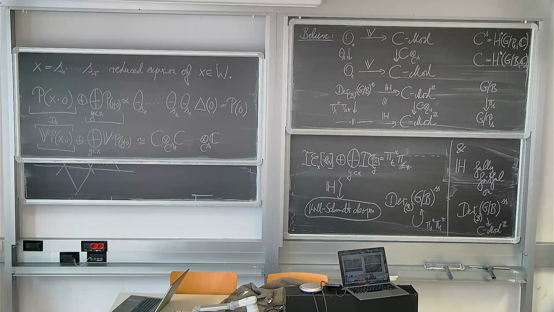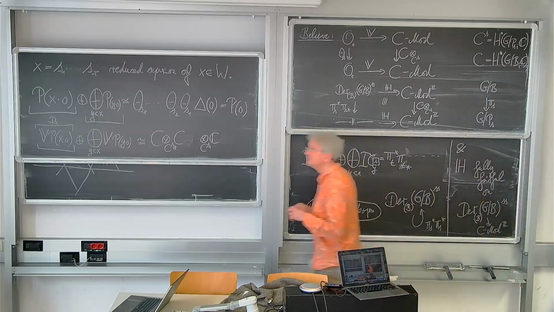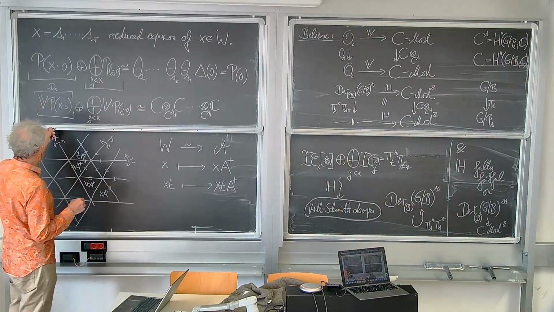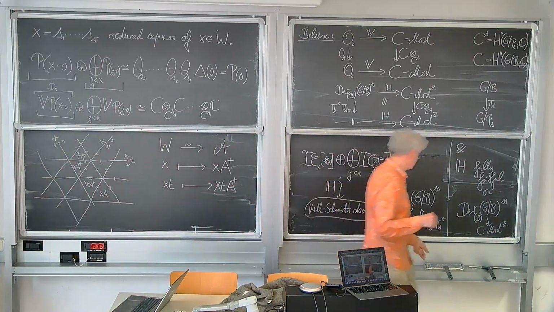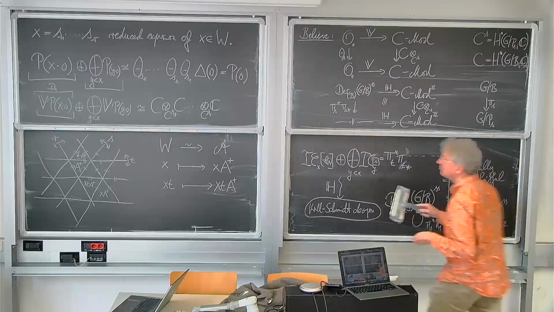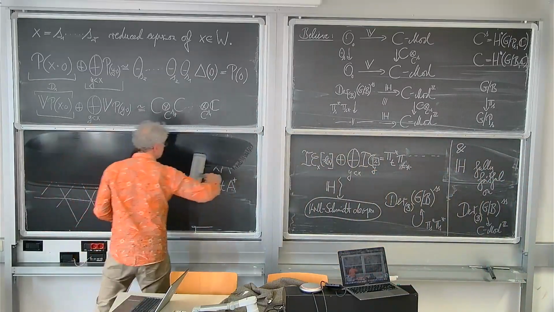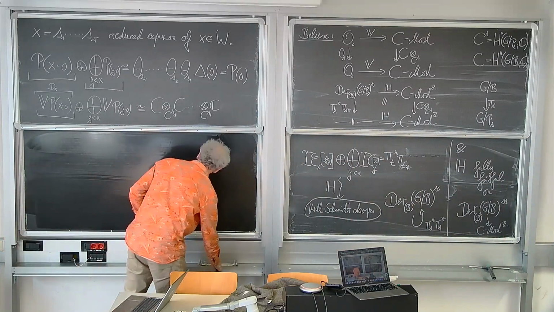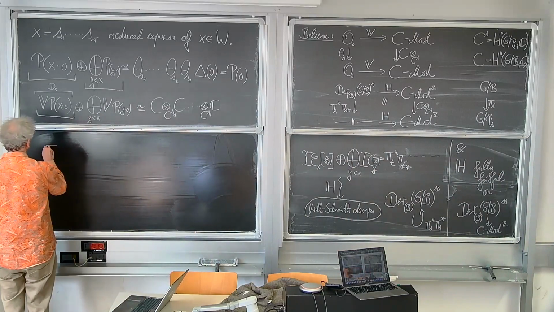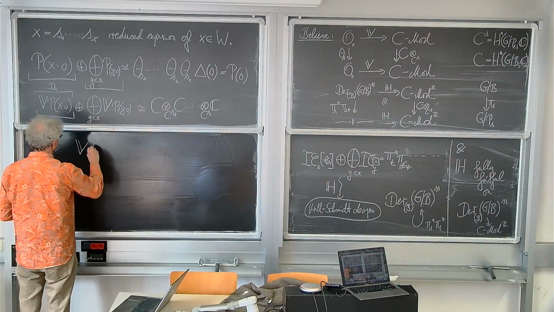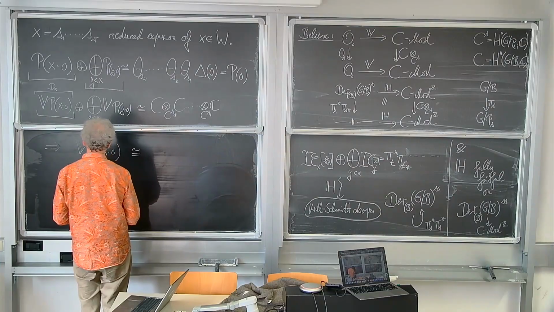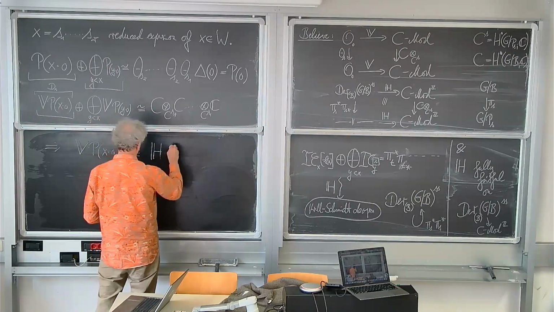Okay, but if you take all of this together, you find that this V X 0 is isomorphic to the X intersection cohomology complexes.